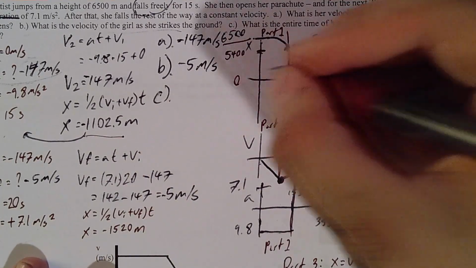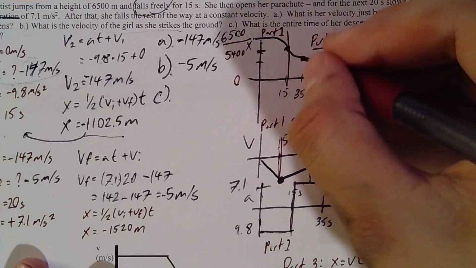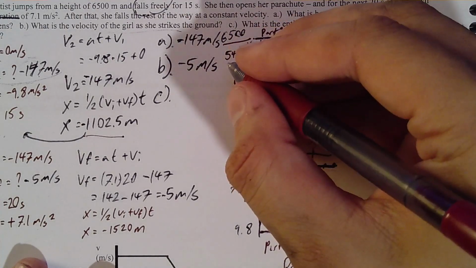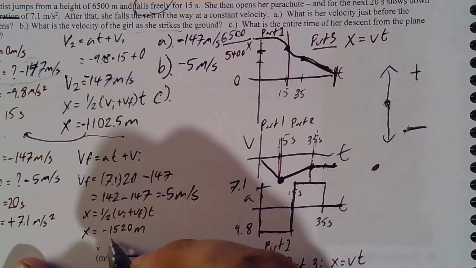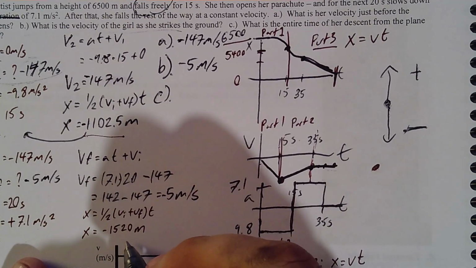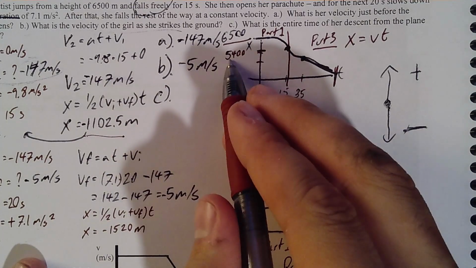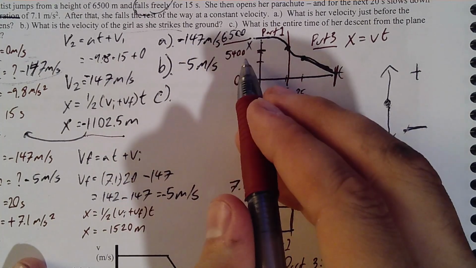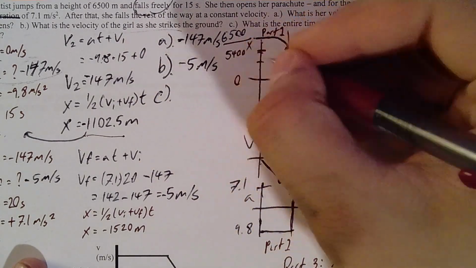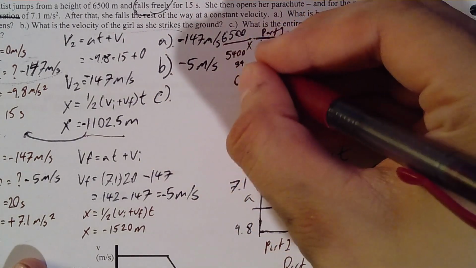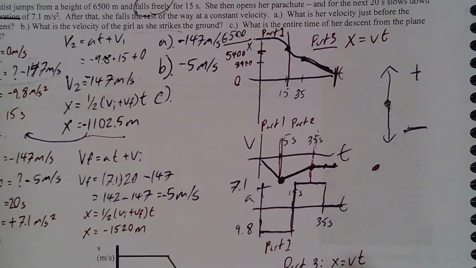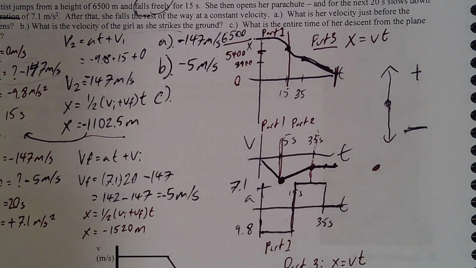We know that this point at the end of part 2 is exactly 1,520 meters below 5,400 meters. This gives us somewhere around 3,900 meters.